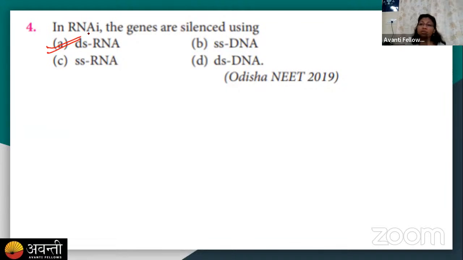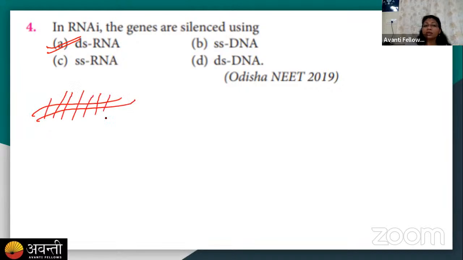So whenever we introduce the double-stranded RNA, it will make copies of two RNAs, one sense and the other nonsense RNA. These RNA fragments get sliced up and form the siRNA. Now this siRNA is our double-stranded RNA.